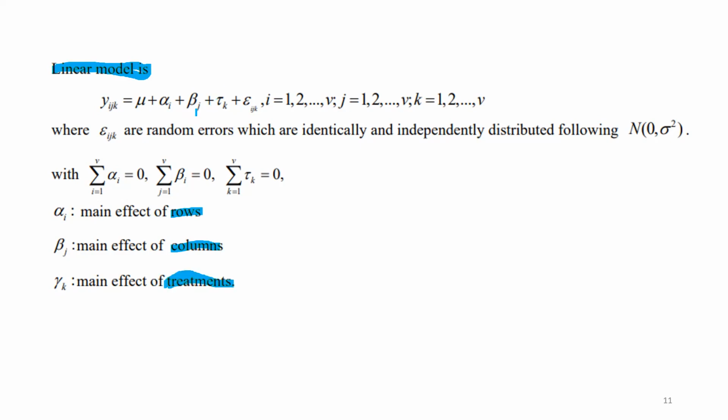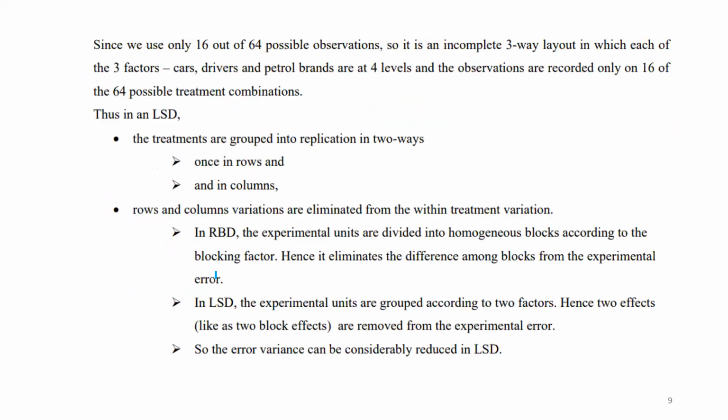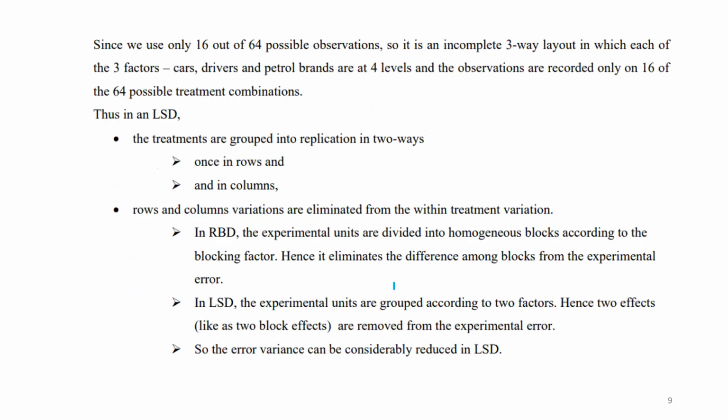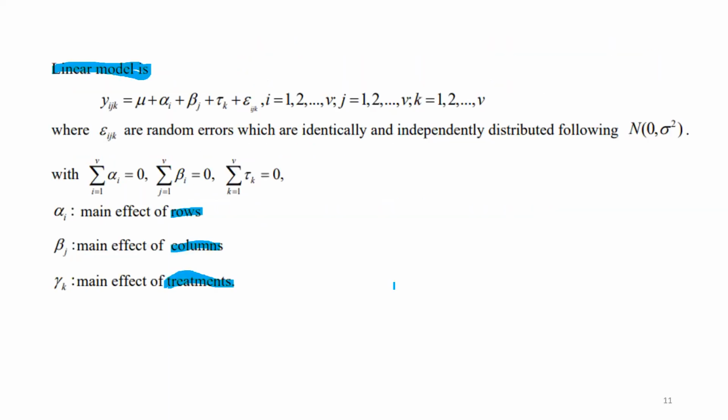So i-th row, j-th column, and k-th treatment. According to our given case, rows are representing the drivers, cars are represented by the columns, and petrols are represented by the treatments. I think now you have realized those things.